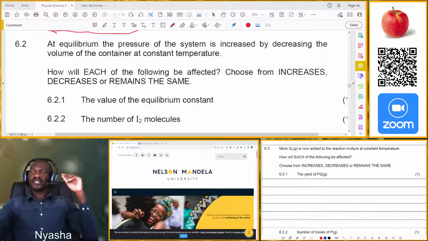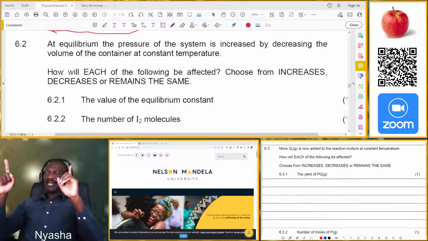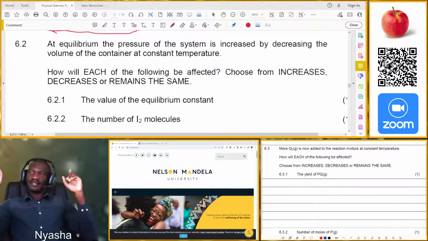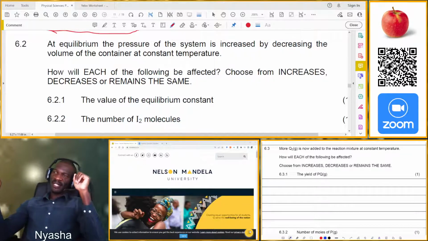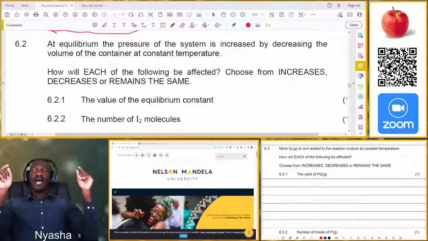What were your solutions? This question said, more Q2 gas is now added to the reaction mixture at constant temperature. How will each of the following be affected?